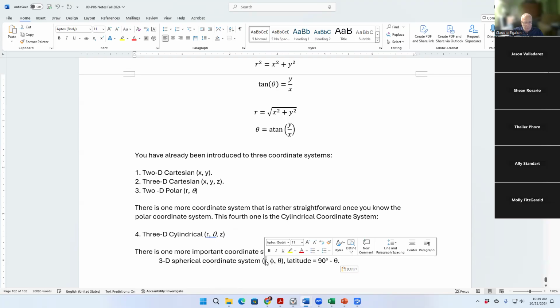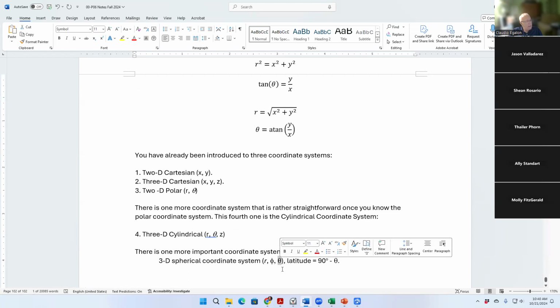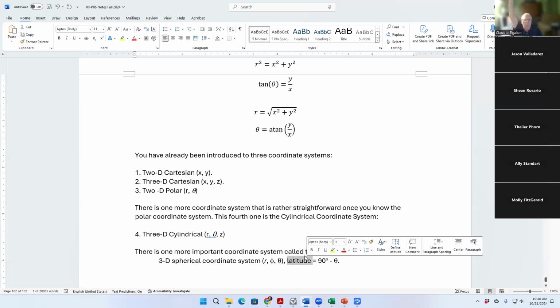This coordinate system is represented by the radial distance from the origin of your coordinate system, an azimuthal angle phi, and then we have another angle theta, okay? This angle theta is related to the latitude of the point. It's not exactly the same, but it starts from the pole of the sphere. That's how you count.